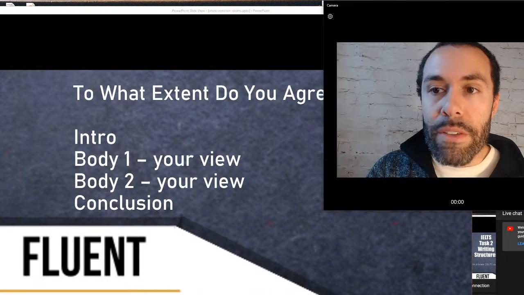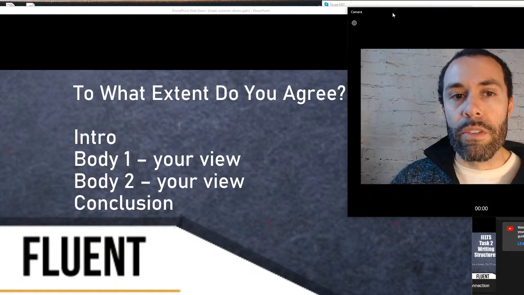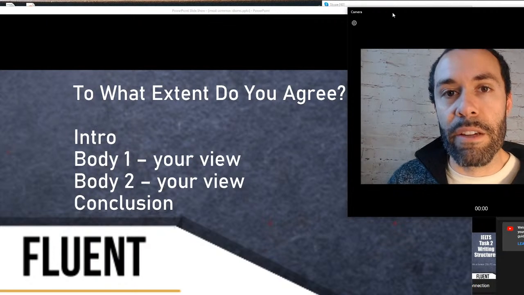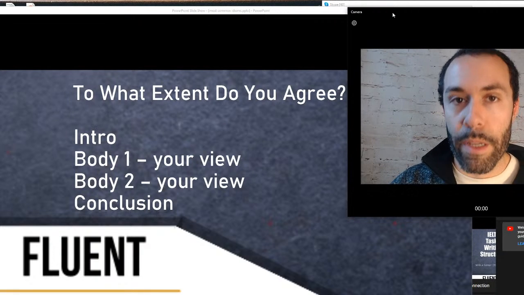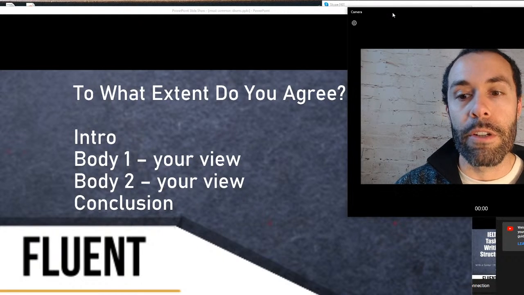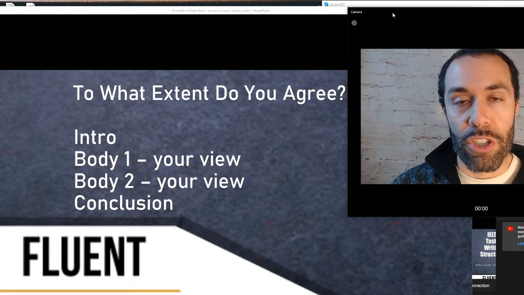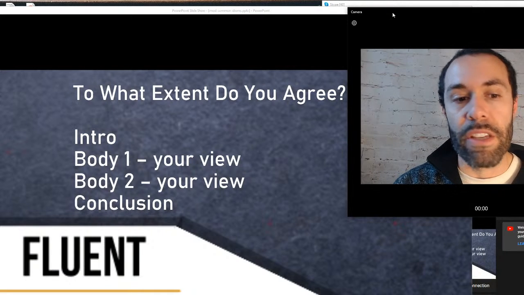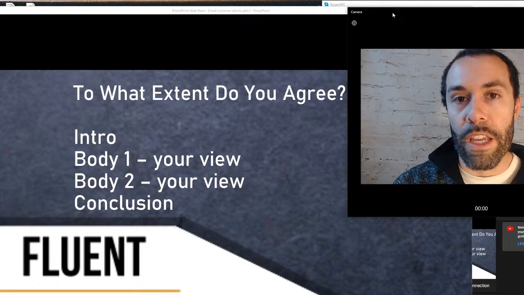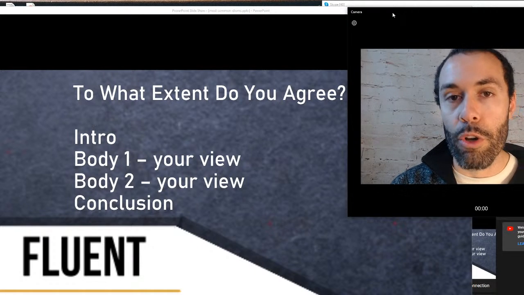Probably the most common type is "to what extent do you agree?" So to what extent do you agree, or to what extent do you disagree? And I think the key thing for this is to pick a side. You need to make sure that the examiner is always 100% clear about what your position is. If at any moment the examiner does not know your stance, or it's unclear, that's immediately going to lower your score.